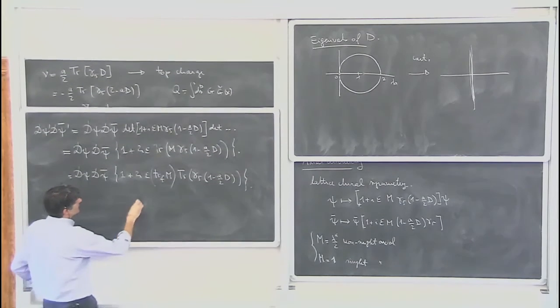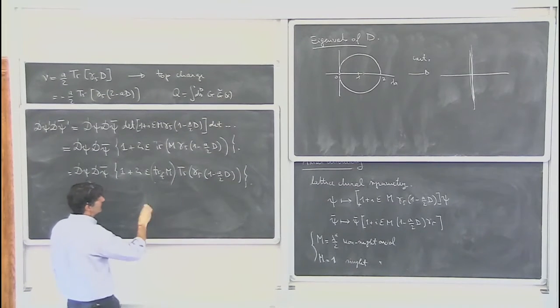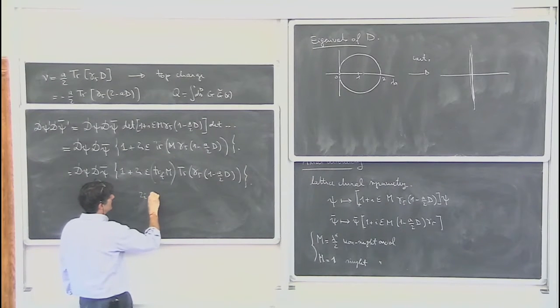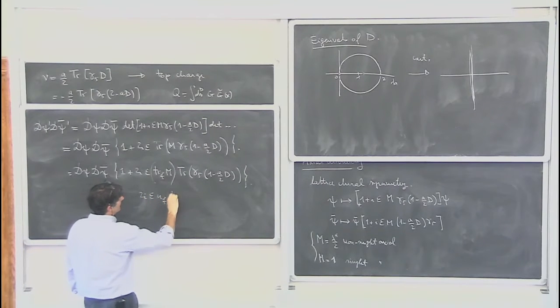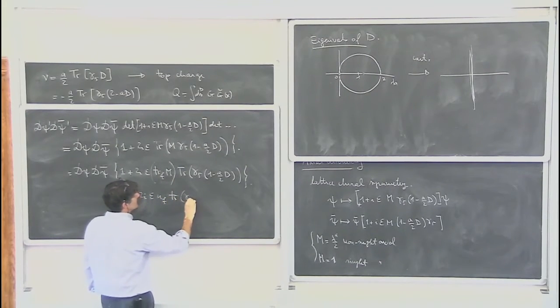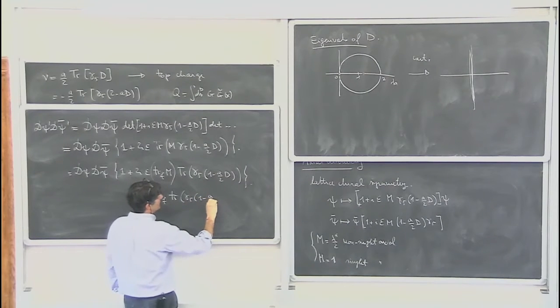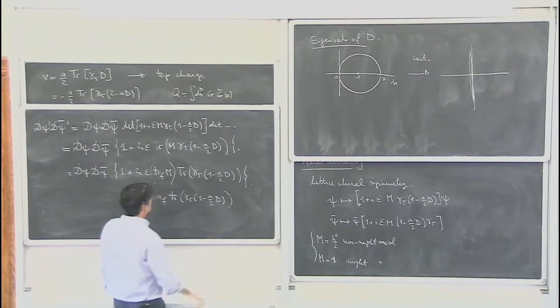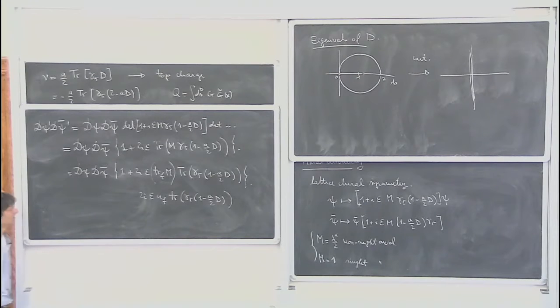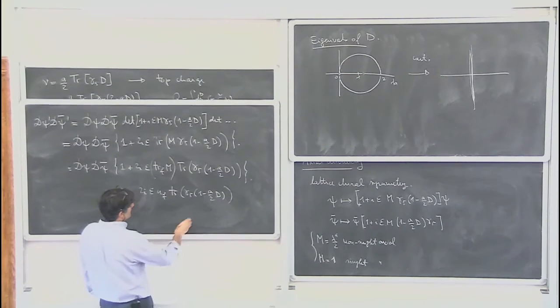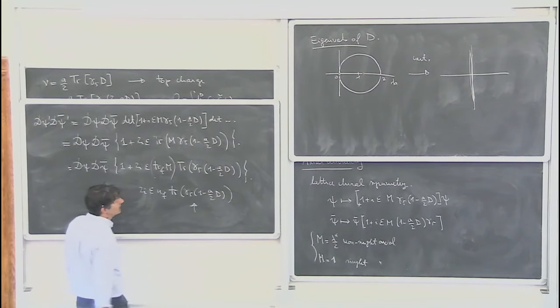Okay? If you have a singlet transformation, then this is the trace of the identity. So it gives you a contribution which is just the number of flavors. So you get 2iε times the number of flavors times the trace of γ5(1 minus aD/2). And this is exactly the anomaly.